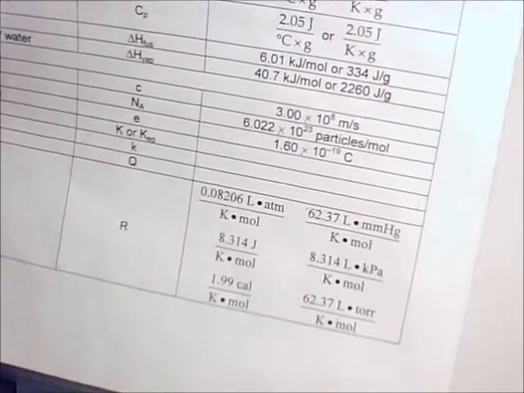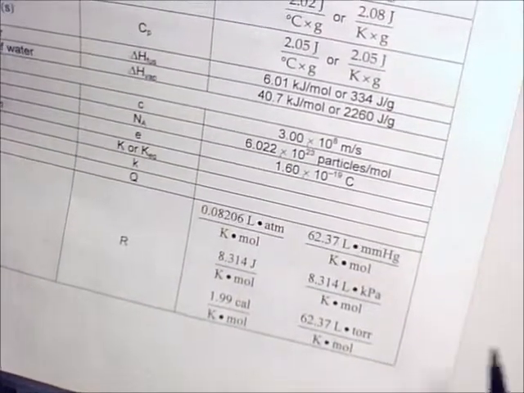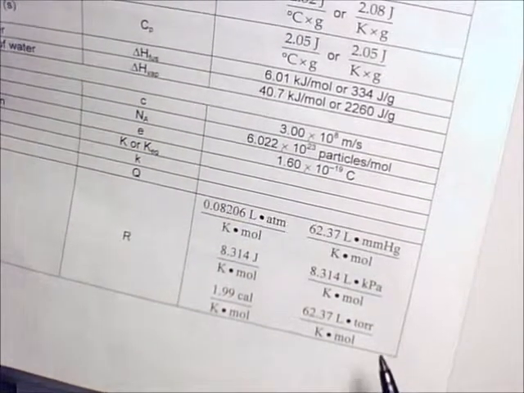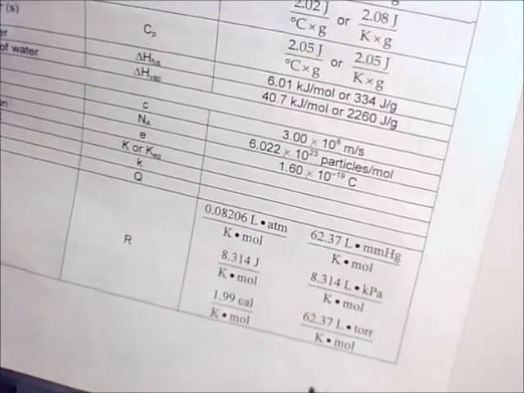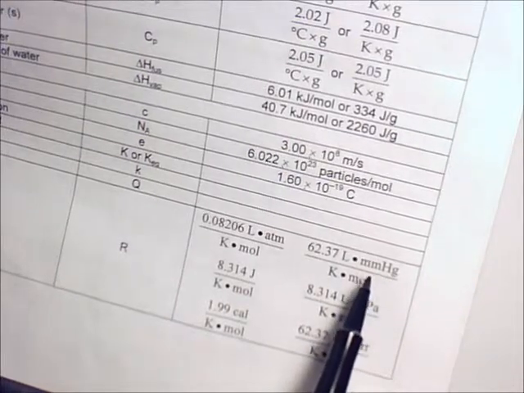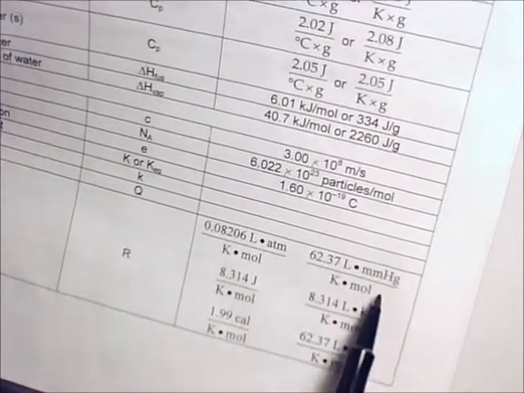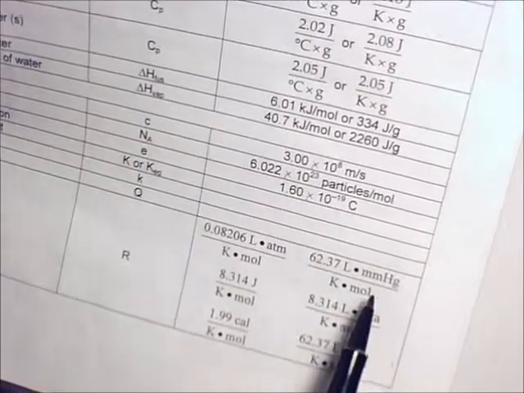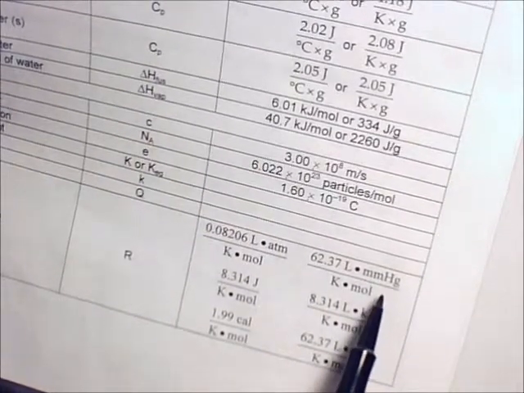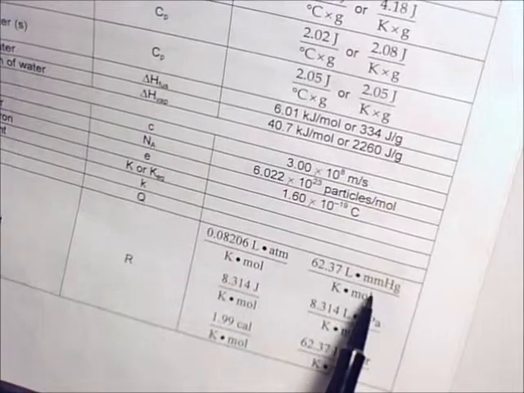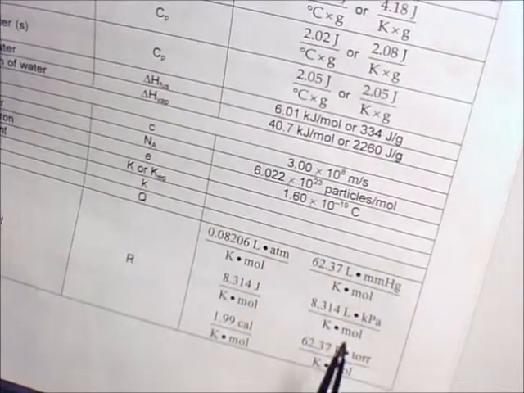Now, I want to give you a little warning here real quick. A lot of students, when they're given a gas law problem, will try to plug in pressure in this fraction. That's not a variable. You can't plug something in for that. These are units of measurement here. They're not variables.